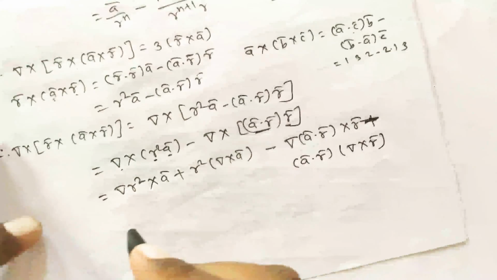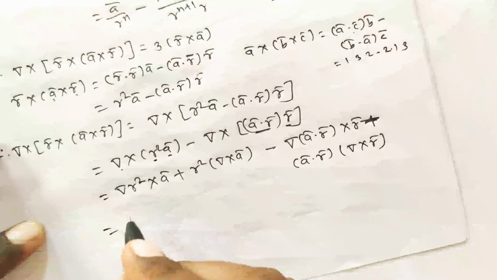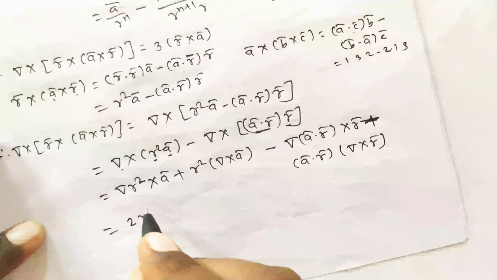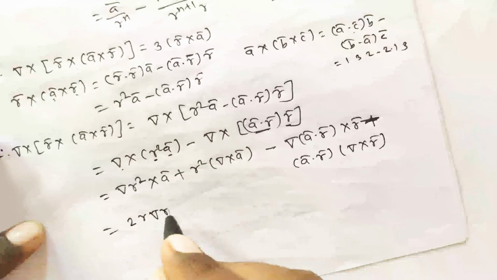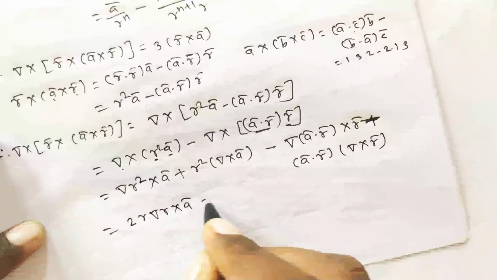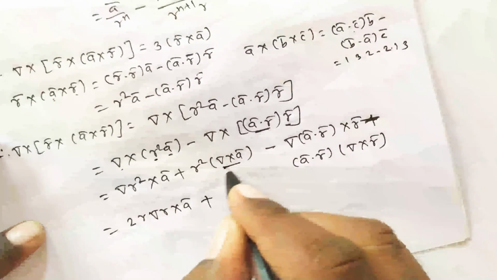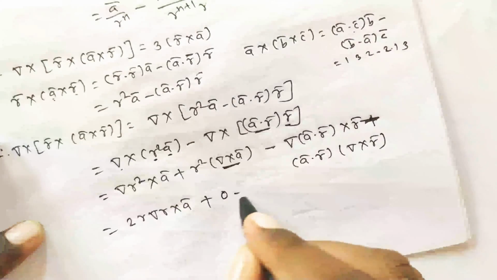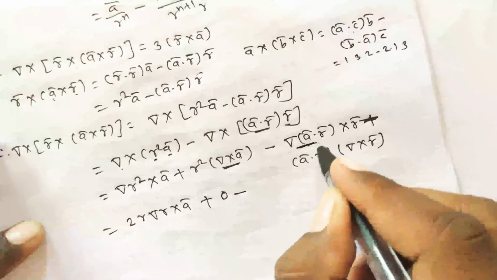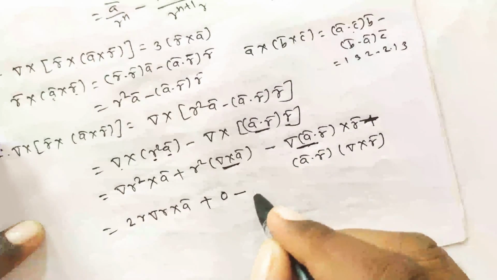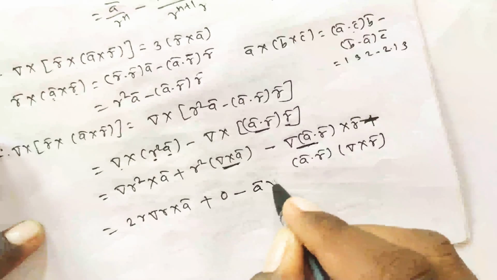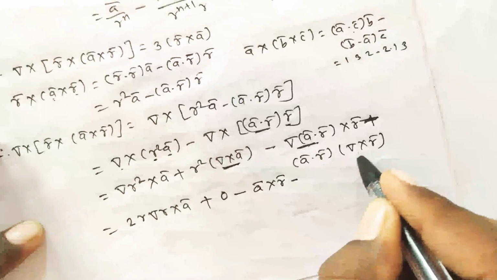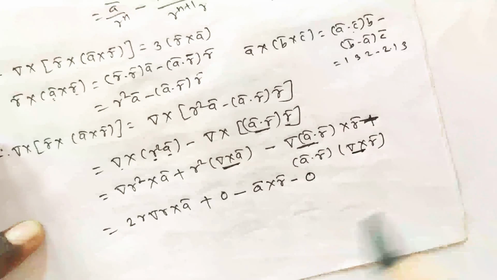So this is equal to del of r raised to 2, which can be written as 2 into r raised to 2 minus 1, that is 1, into del r cross a bar, plus a bar is a constant vector, so the value of del cross a bar is 0, so this term is 0, minus del of a bar dot r bar, the value of del of a bar dot r bar is a bar cross r bar, minus this one is del cross r bar, which is 0 here, so this is 0.